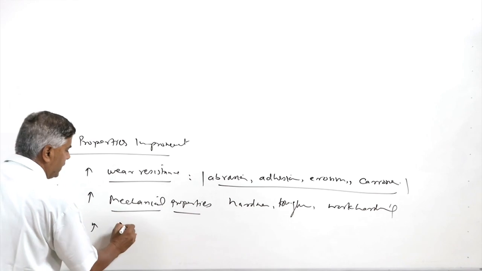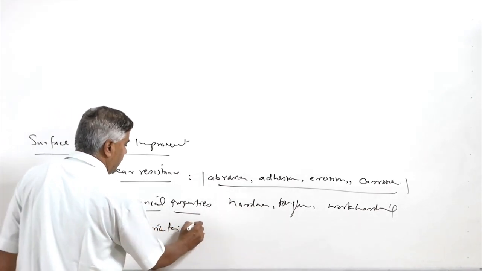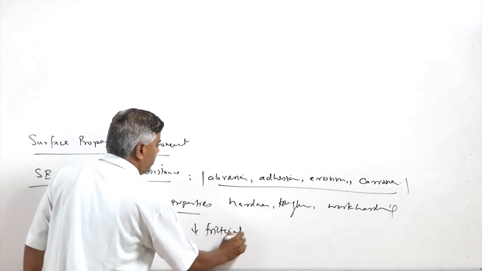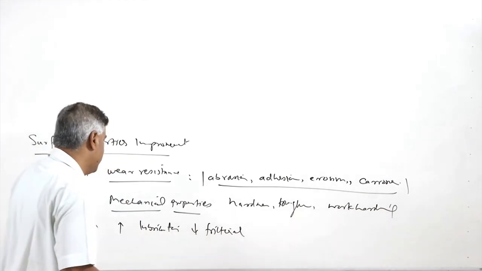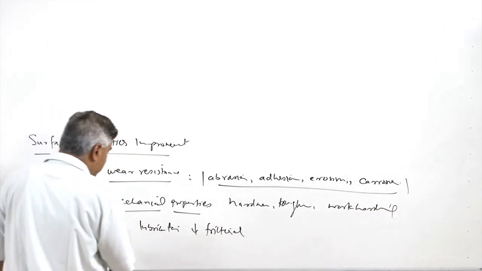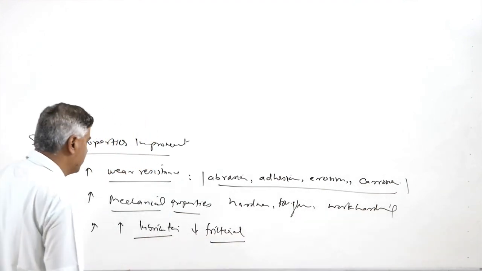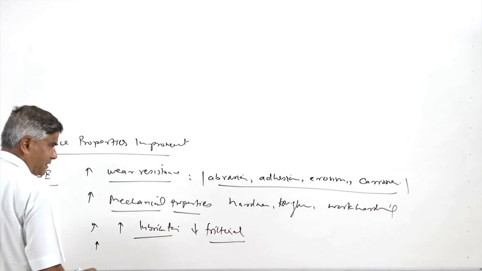Then, improving the lubrication behavior at the surfaces and reducing friction when interaction between metallic components takes place, that is, increasing lubrication and reducing the friction coefficient between the interacting surfaces.